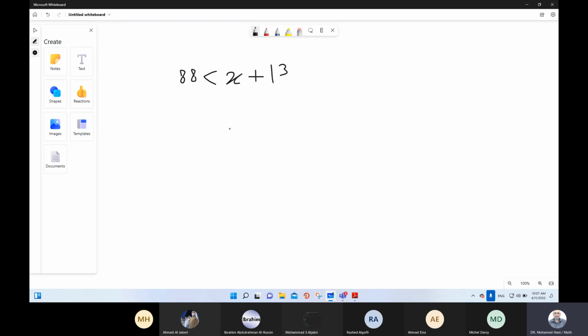To solve this inequality, try to keep the variable alone in this side. So try to remove this number. How to remove this number? Add the inverse. What is the inverse of 13? Negative 13. And here negative 13.